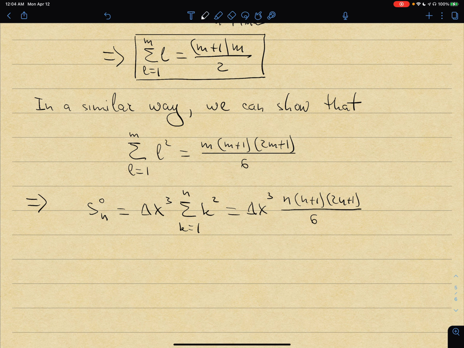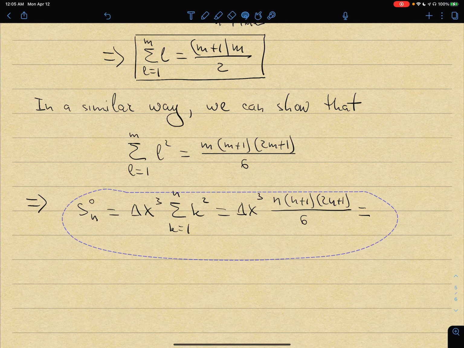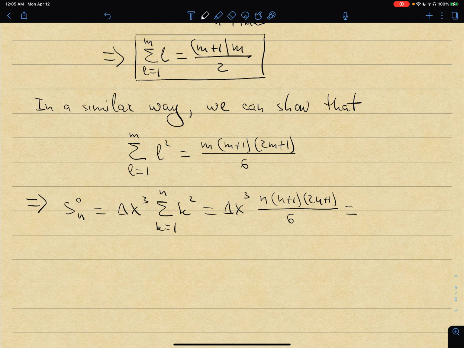Okay, so, all right. Then I remember what delta x was, right? Delta x was a length of a subinterval in a division of the interval from 0 to 1 into n equal subintervals. So we immediately got that delta x is equal to 1 over n. So then this guy should be equal to 1 over n cubed, right?